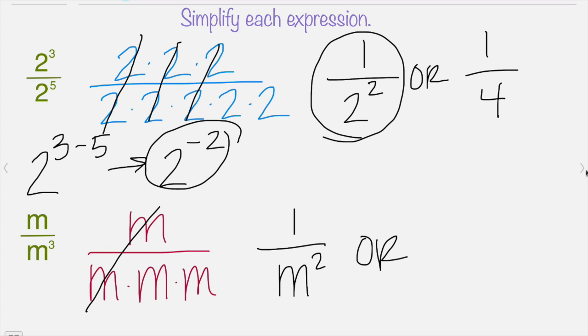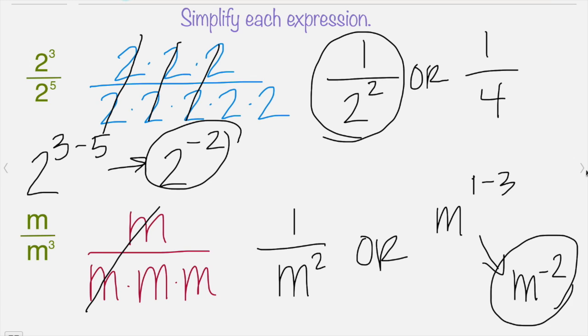Again, if I used my exponent rules, I would have taken my same base and my top exponent of 1 minus my bottom exponent of 3. This would have given me m to the negative 2. Again, look at how these two answers compare: 1 over m squared and m to the negative second power.